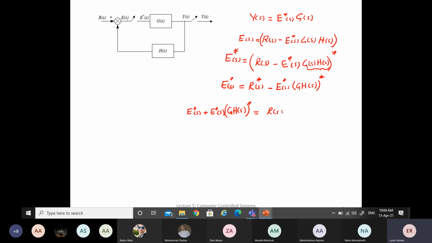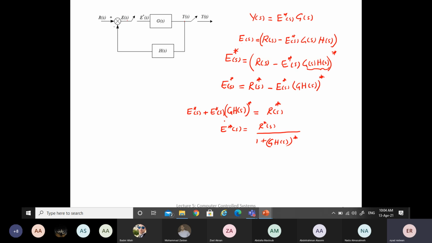This equals R star of s. Now take E star of s common from here, so you can get E star of s equals R star of s over 1 plus GH of s star.